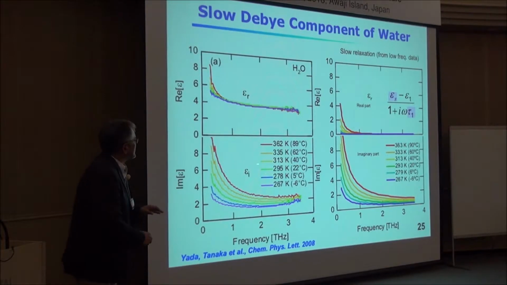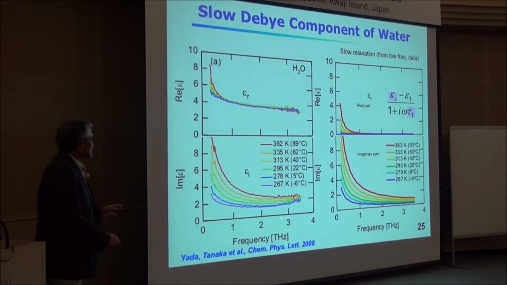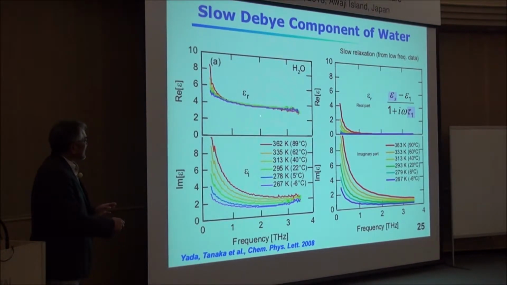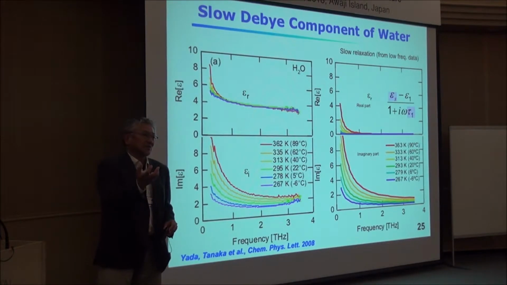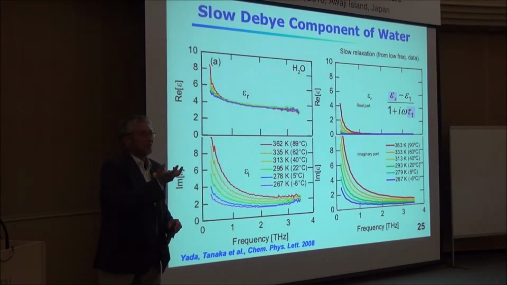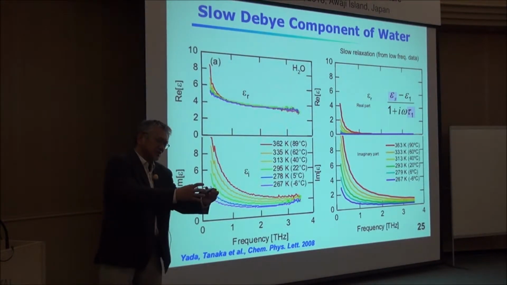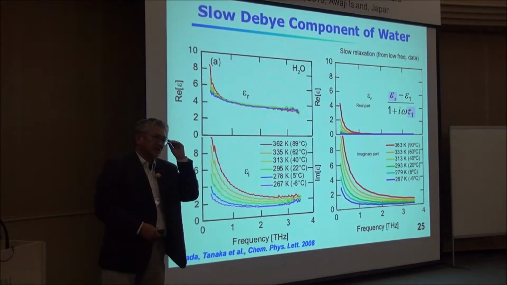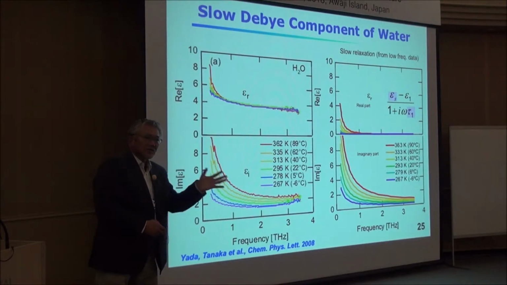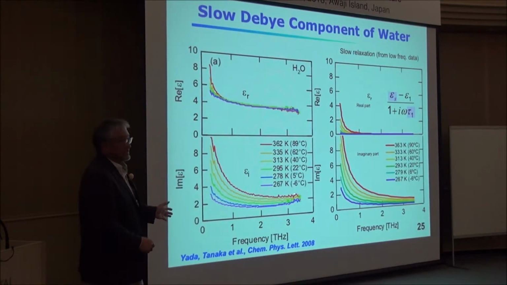This is a close-up around 1, 2, 3 terahertz, real part and imaginary part. And this one is the temperature dependence. Using the ATR prism, you can easily measure temperature dependence. Just changing the prism temperature itself, you can measure the temperature dependence of the liquid, and you can go into the supercooled liquid phase.